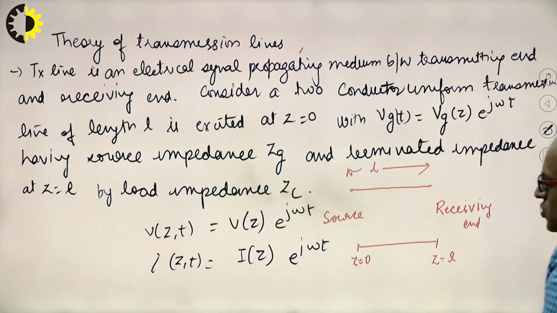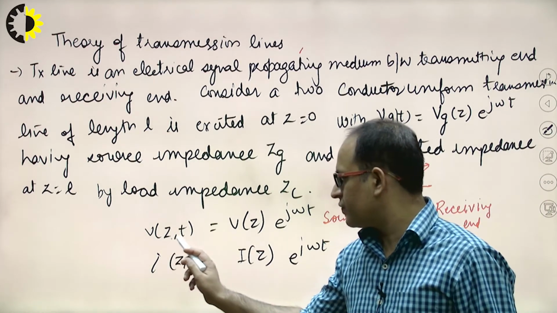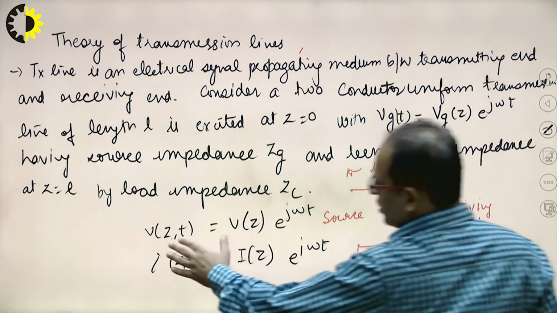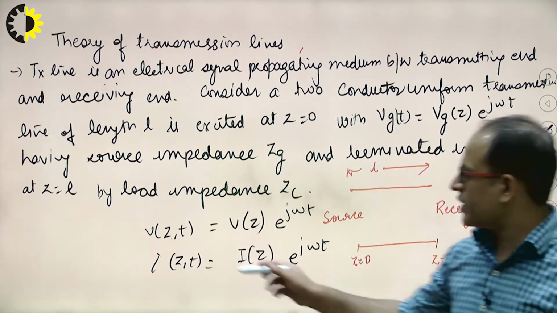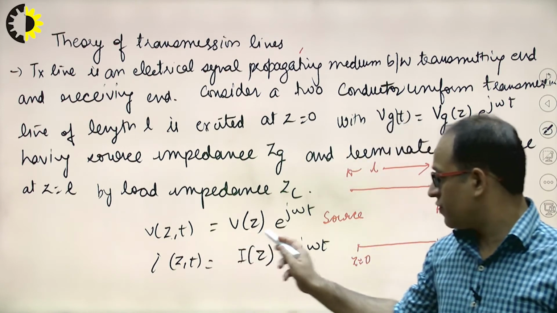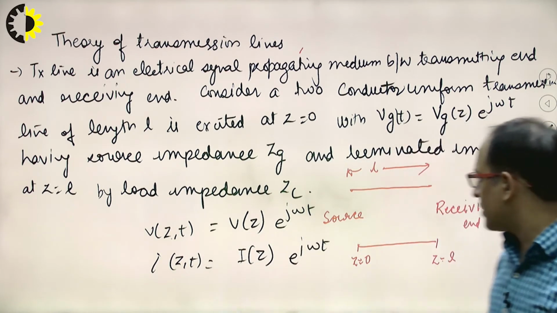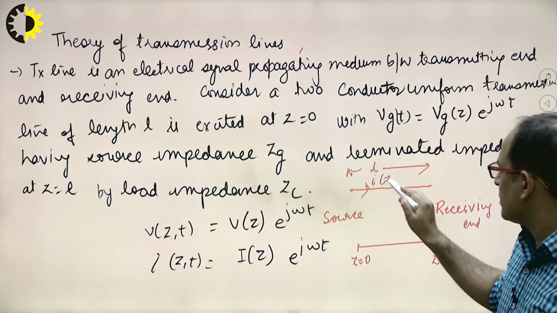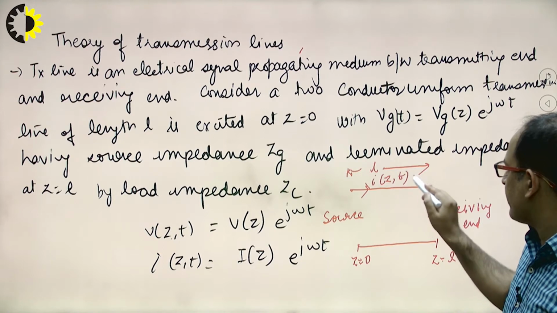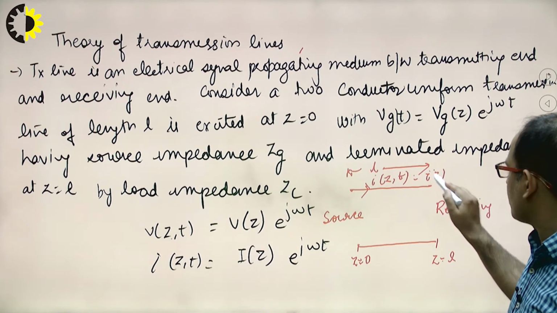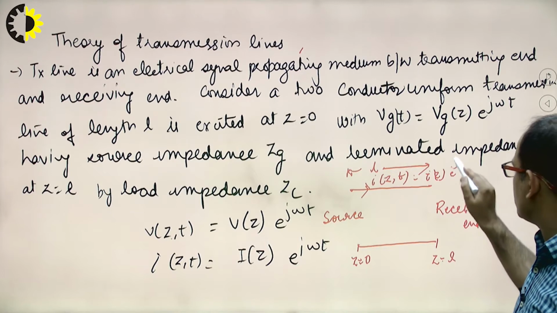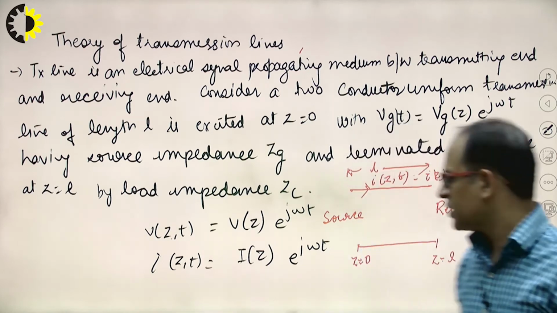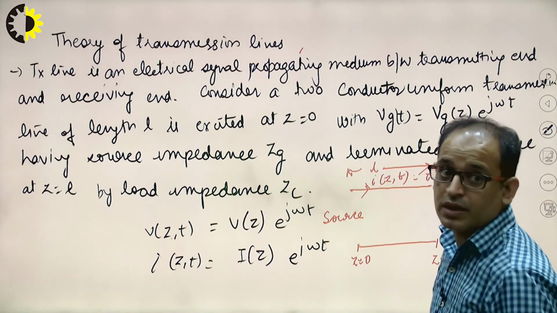Position Z. So voltage and current will be a function of Z, and if I say that terminal voltage is expressed in the time domain, that is V(z,t) will be equal to V(z) e^(jωt), and similarly the current flowing in this circuit will also be a function of z,t, equal to I(z) e^(jωt), because terminal current and terminal voltage are expressed in the time domain.